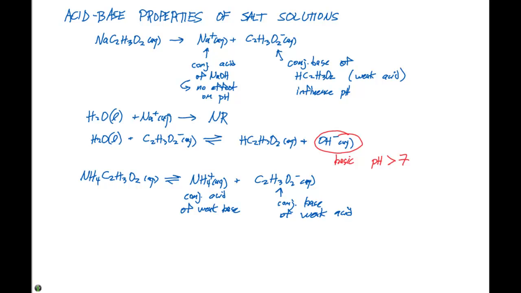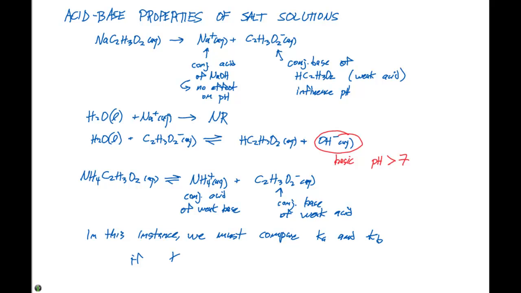So it's not as easy and straightforward as it was in this first case, because we only had one species to look at. So in this instance, we must compare the Ka and the Kb.